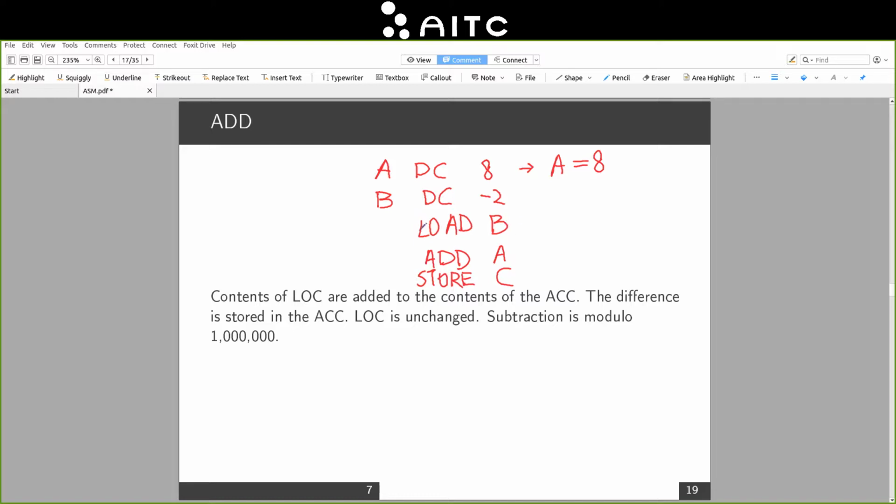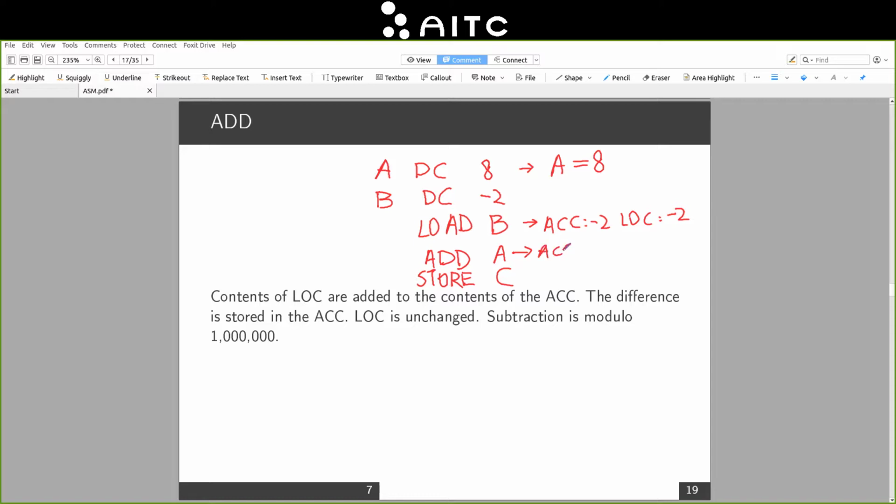So ACC is -2, because it assigned the value of B to the ACC. Now the contents of LOC are added to the contents of the ACC.